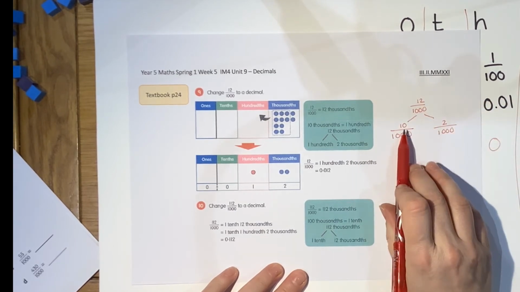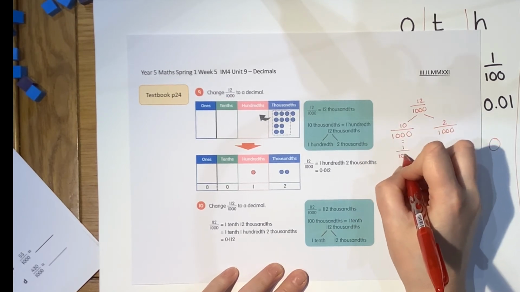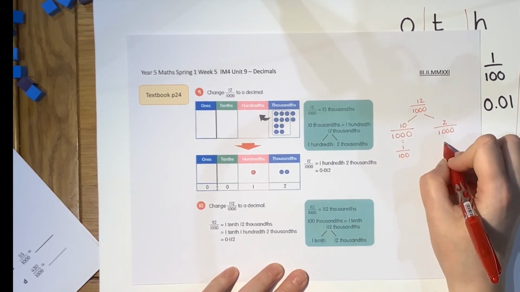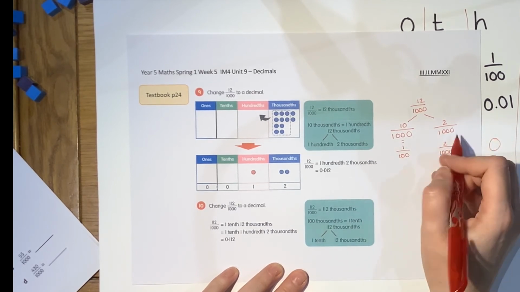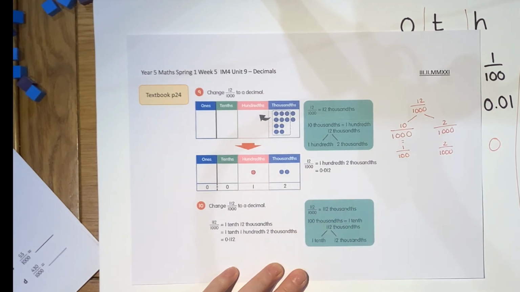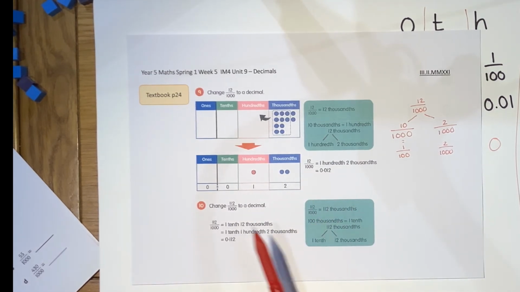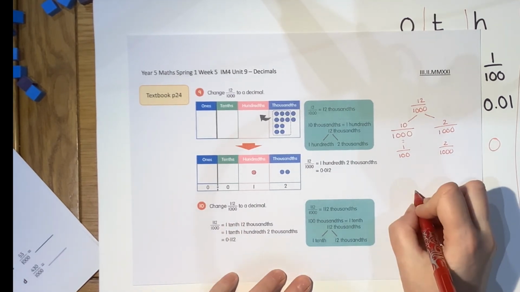And I know, because of equivalent fractions, that that is equivalent to 1/100th. That's still 2 thousandths. So I've got 1/100th and 2 thousandths, or 0.012.